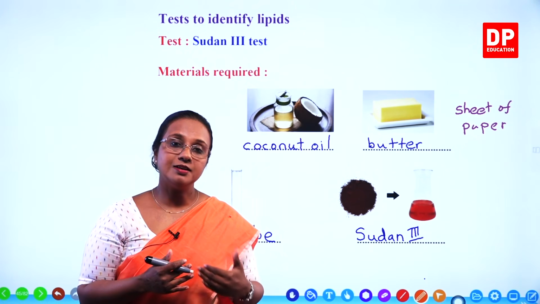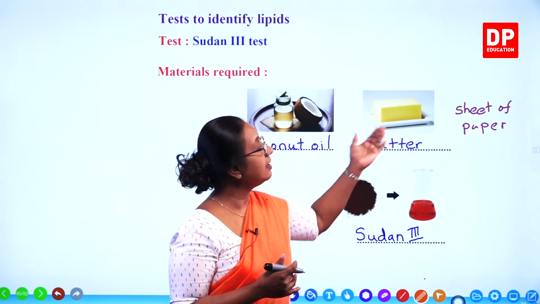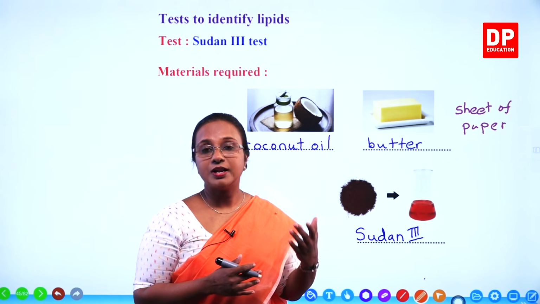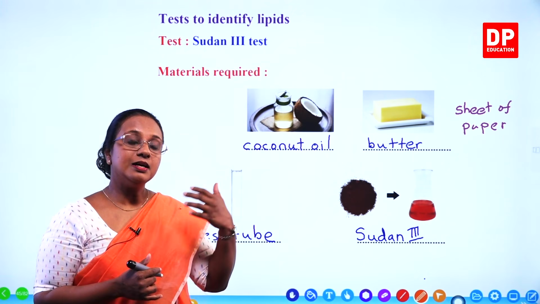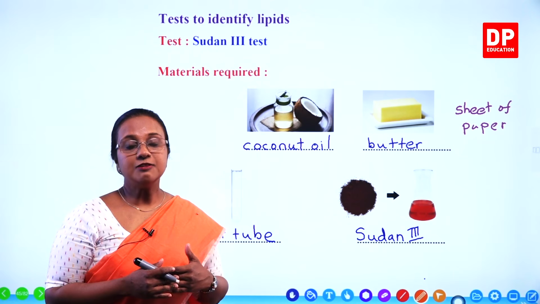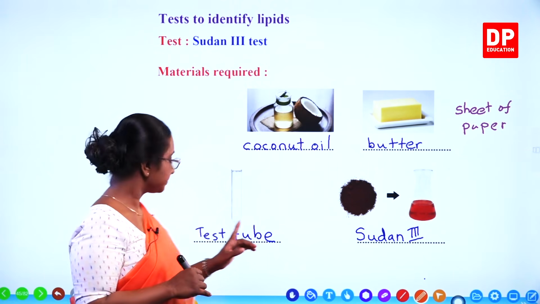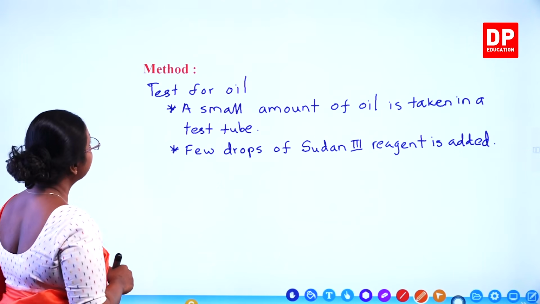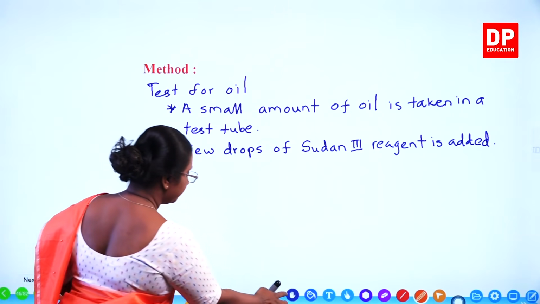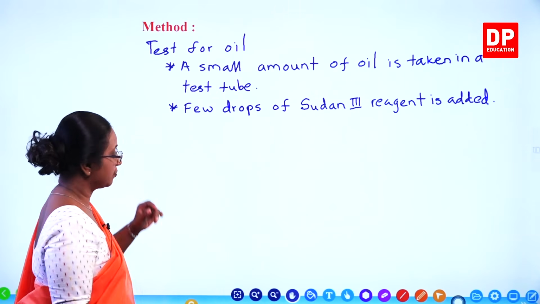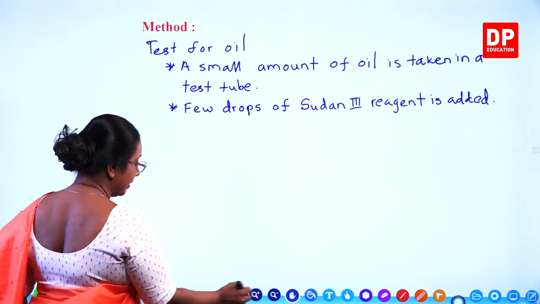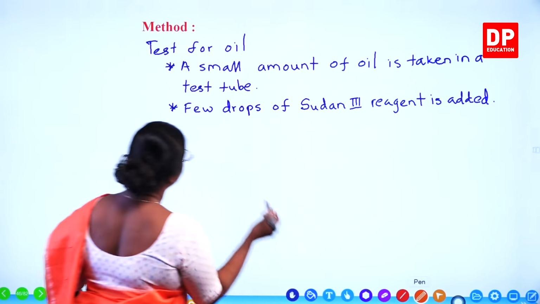So that confirms it is a fat substance or a lipid substance. So this is the second activity we will be doing. I will summarize the steps again. So first we looked at the test for oils. Now we will be looking at the test for fat.